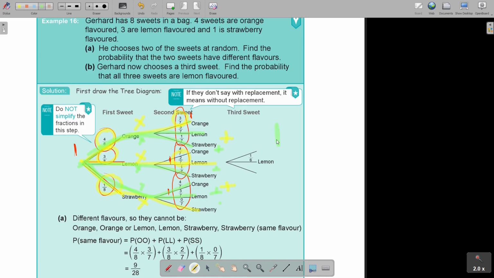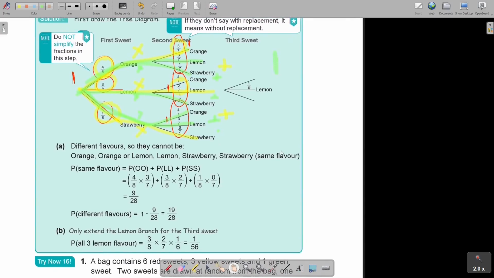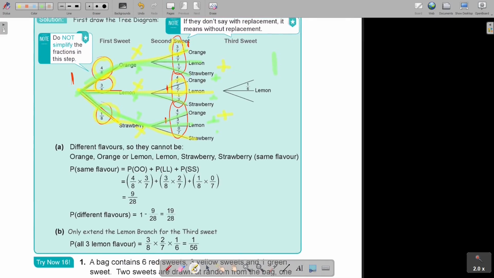So I just took the whole tree, which represents 1, and subtracted the yellow ones, which was 9 over, and then I was left with the green ones. That's just a few basic things that I wanted to show you.